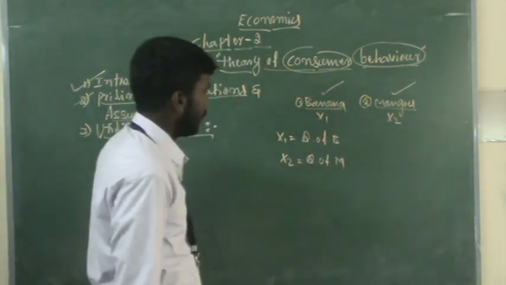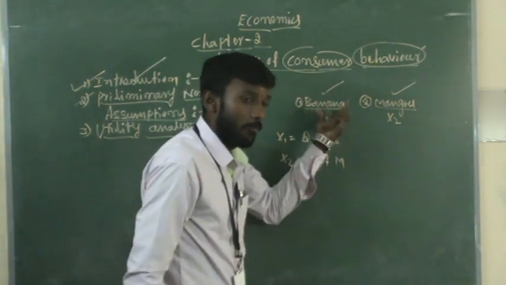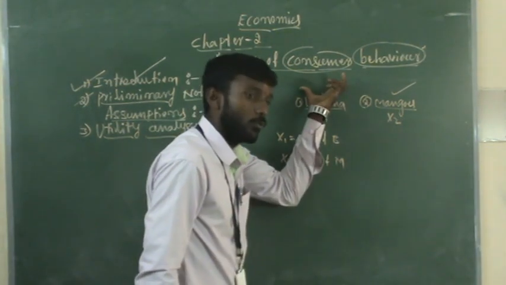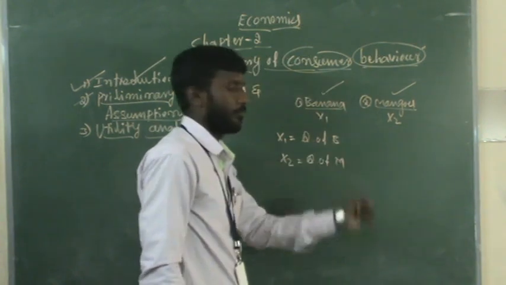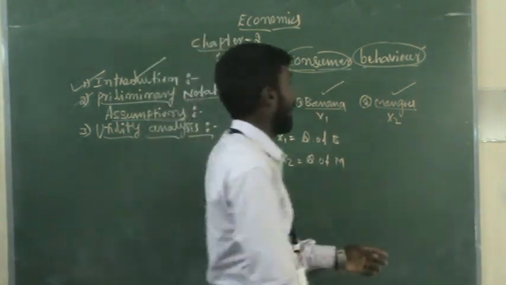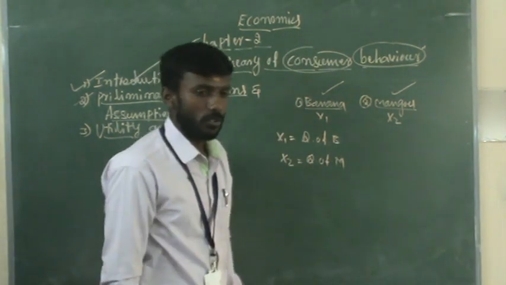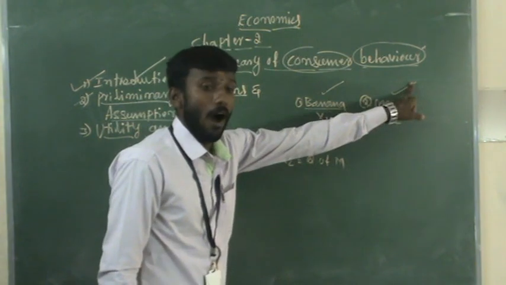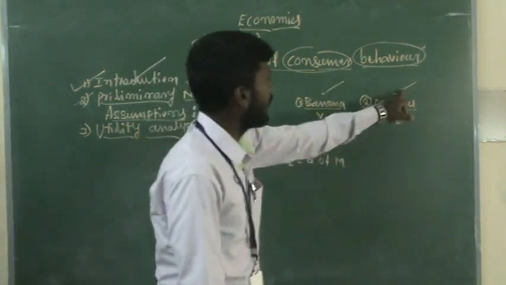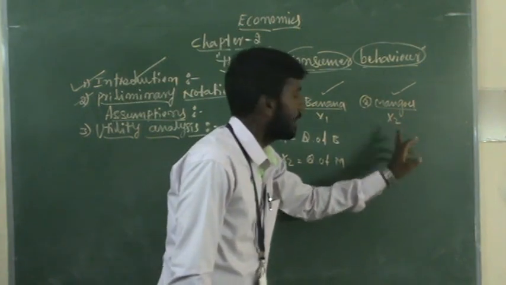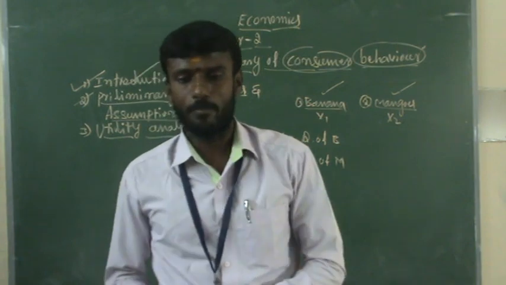Now x1 denotes the quantity of banana or quantity of good one. ಸರಕು ಒಂದರ ಪ್ರಮಾಣ ಇಲ್ಲ ಬಾಳೆಹಣ್ಣಿನ ಪ್ರಮಾಣ ಅಂತಕ್ಕಂದ್ರೆ x1 ಅನ್ನು ತೋರಿಸುತ್ತೆ, and x2 denotes the quantity of mango or the quantity of good two or commodity two. ಸರಕು ಎರಡರ ಪ್ರಮಾಣ ಅಂತಕ್ಕಂಥದ್ದನ್ನ x2 ಅಂತಕ್ಕಂಥದ್ದು ನಮಗೆ ಇಲ್ಲಿ ತೋರಿಸ್ತಾ ಇದೆ ಅಥವಾ ರೆಪ್ರೆಸೆಂಟೇಷನ್ ಮಾಡ್ತಾ ಅಂತ ಕರಿತೀವಿ.